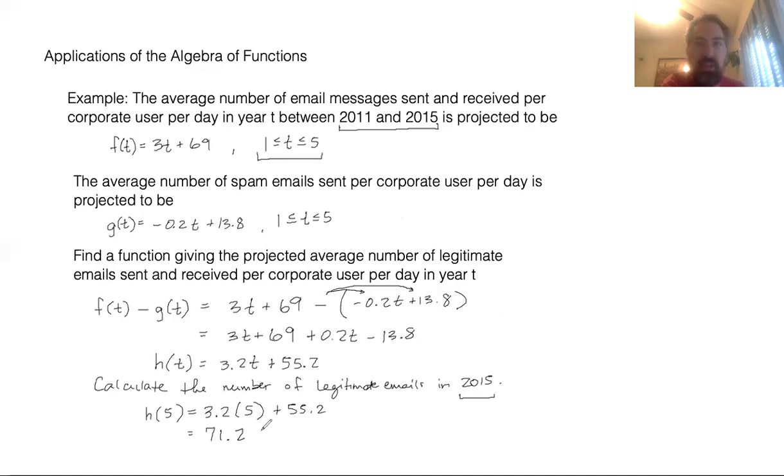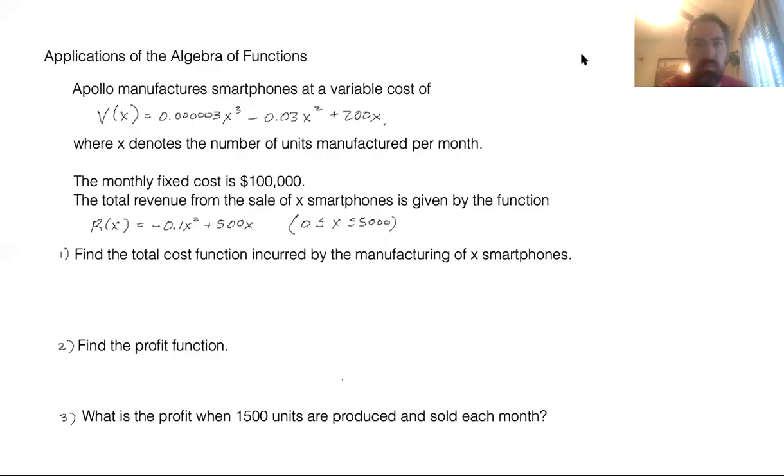All right, and we can look at one more example here while we're on the topic of applications. Apollo manufactures smartphones at a variable cost, where this function is v of x equals 0.000003x cubed minus 0.03x squared plus 200x.